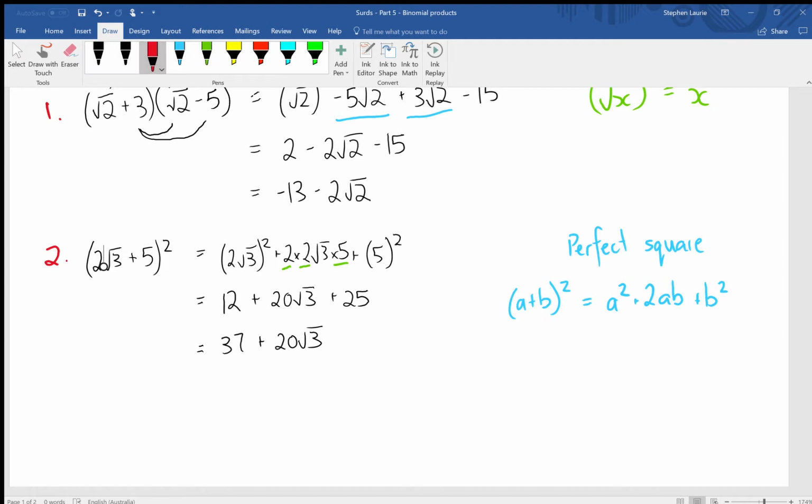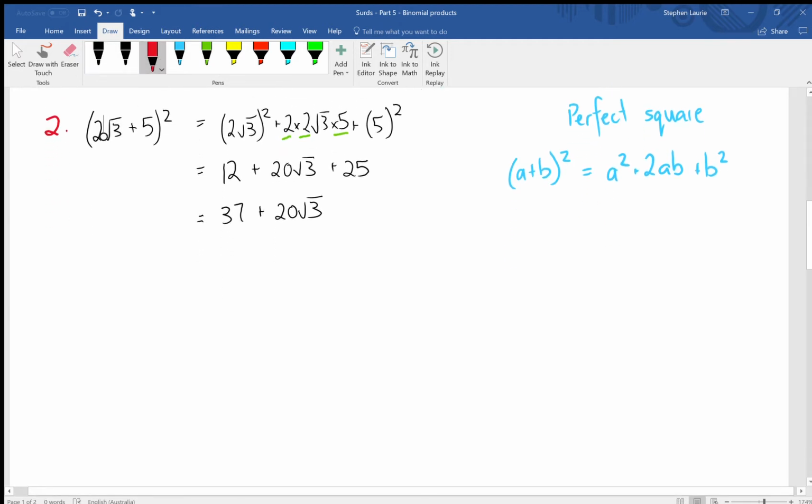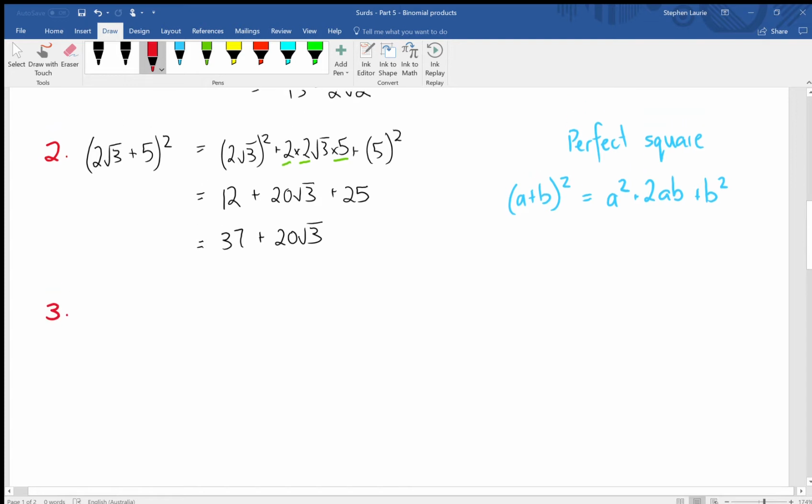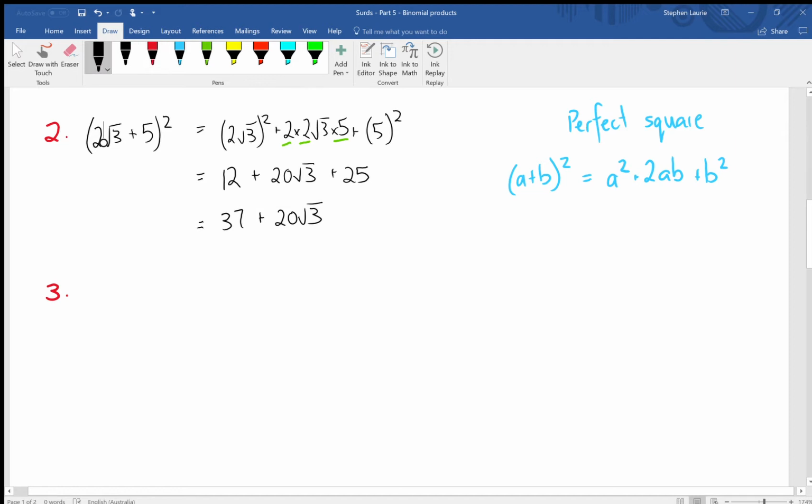Alright, example 3. We have 5 examples, by the way. So 2 down, 3 to go. Alright, example 3 is the square root of 7 minus the square root of 3, all squared. So once again, this is a perfect square. So let's use the perfect square rule.